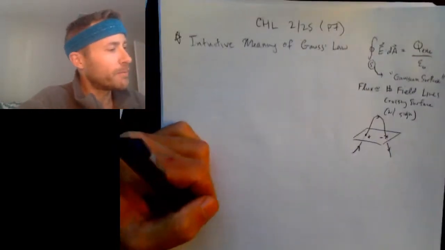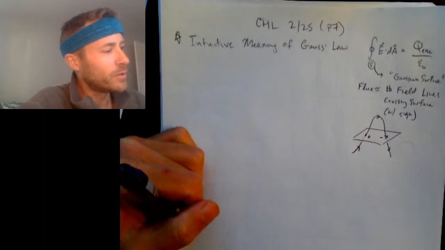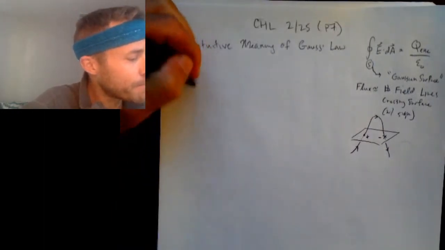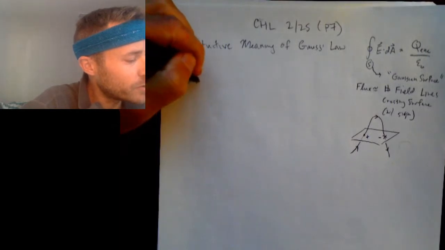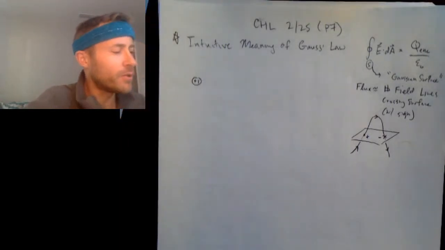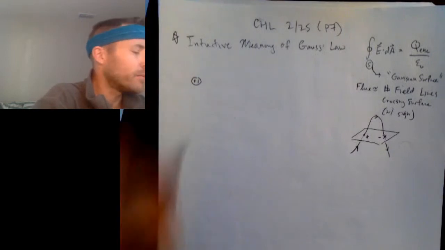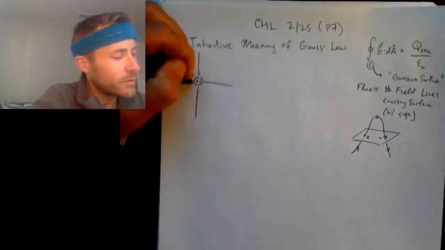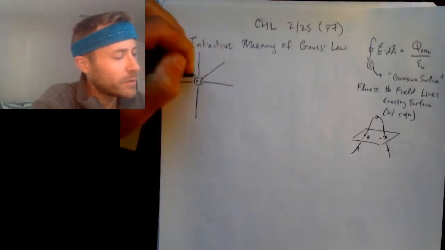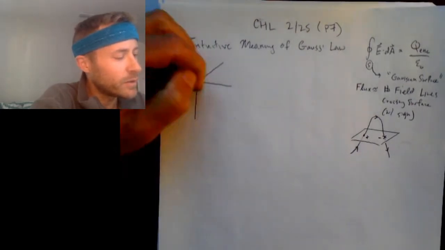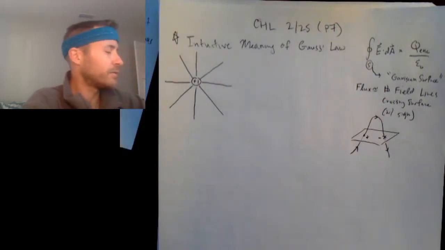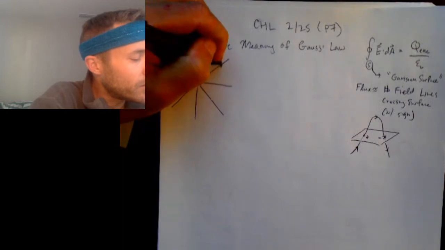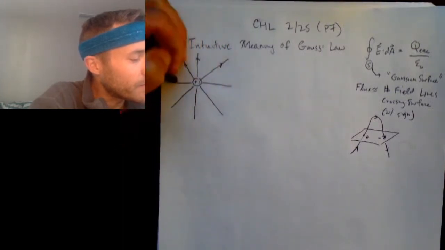So what I'm going to do is draw an electric field line pattern. What if we have a +1 charge? I'm going to let +1 have 8 field lines: 1, 2, 3, 4, 5, 6, 7, 8, and all these field lines are going outwards.